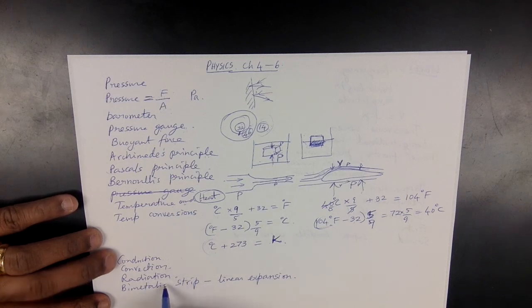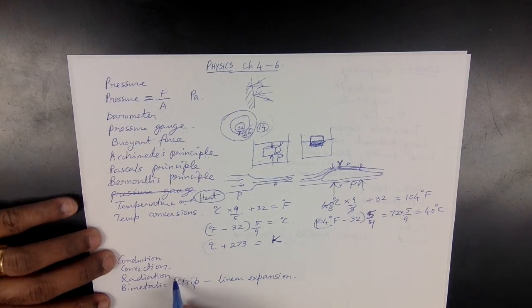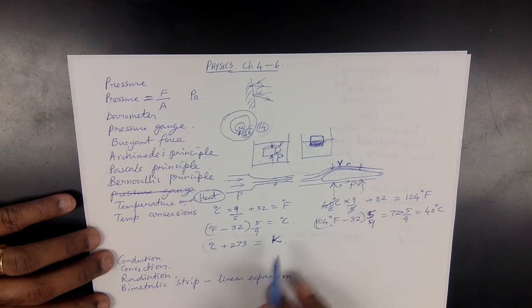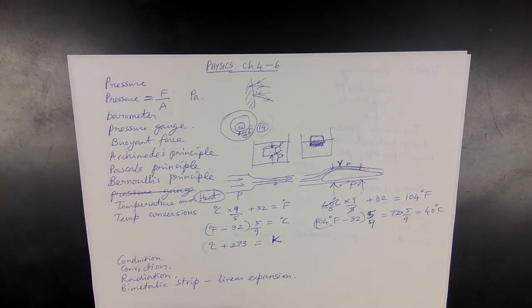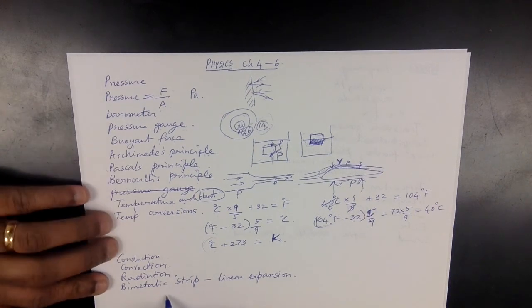So heat radiations travel at the speed of light because it's an electromagnetic wave. In the chapter on heat, we looked into many things about conduction, convection, and radiation. You should be reading it from your textbook as well, so make sure that you know all the stuff from the textbook.